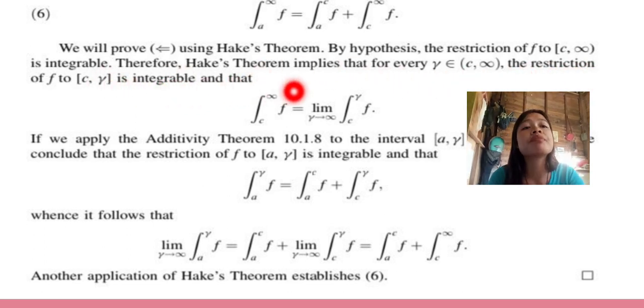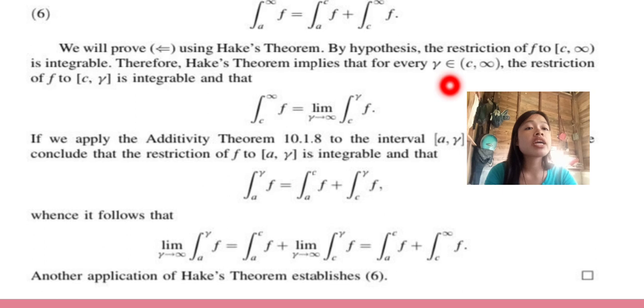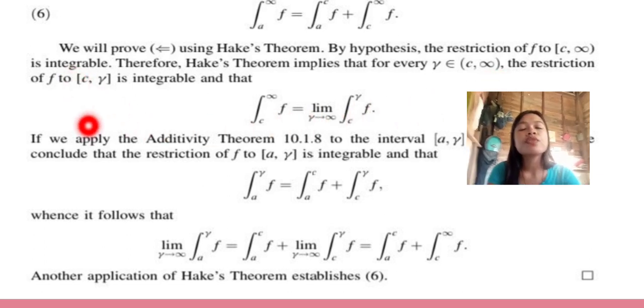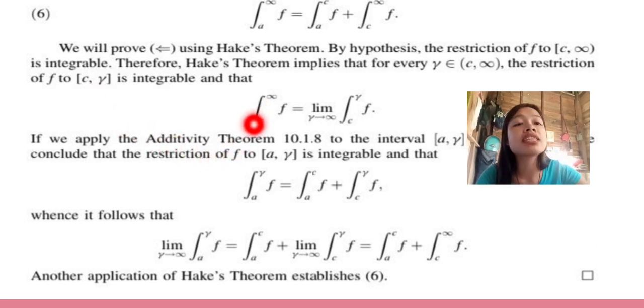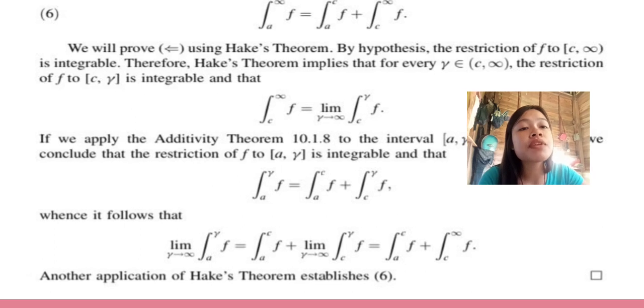Therefore, Hake's theorem implies that for every y in [c, ∞), the restriction of f to the interval [c, y] is integrable, and that the integral from c to ∞ of f equals the limit of the integral from c to y of f as y approaches positive infinity.